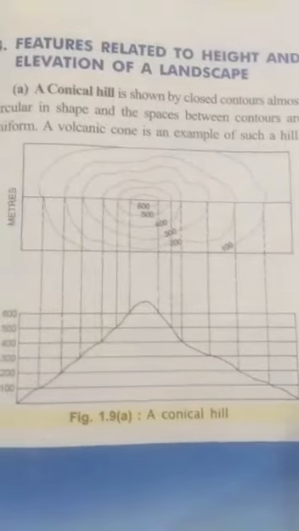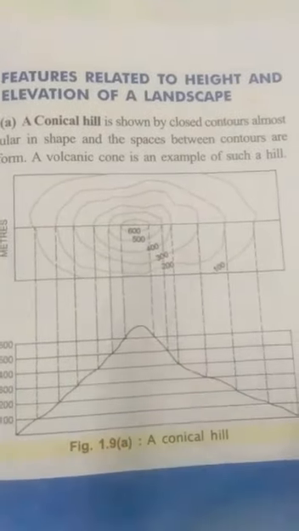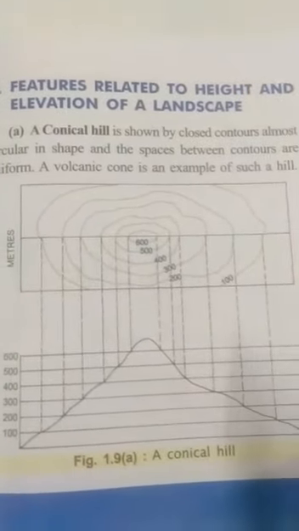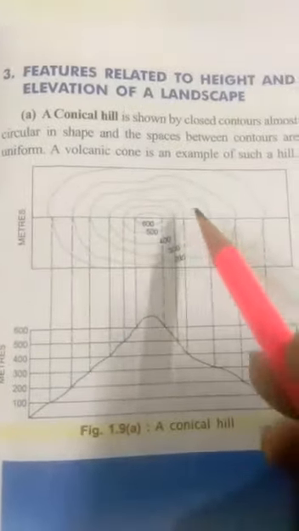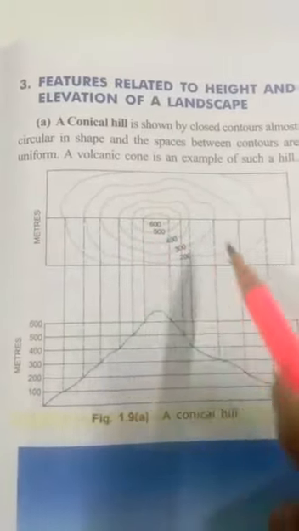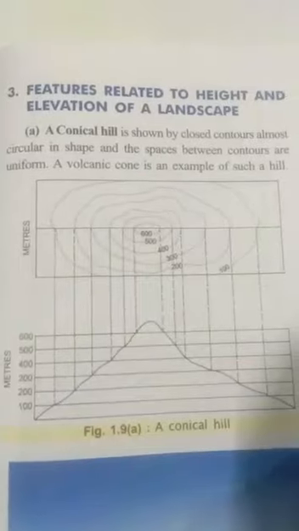So here, conical hill. You see conical hills shown by close contours, almost circular in shape, and the spaces between contours are uniform. You see the contour lines, they appear circular, and the spacing between them is uniform.